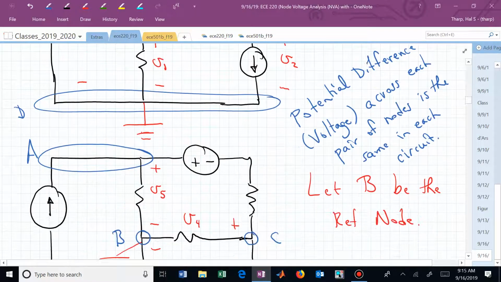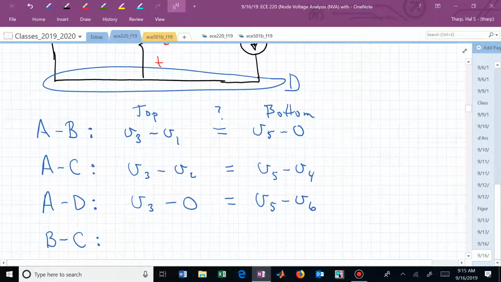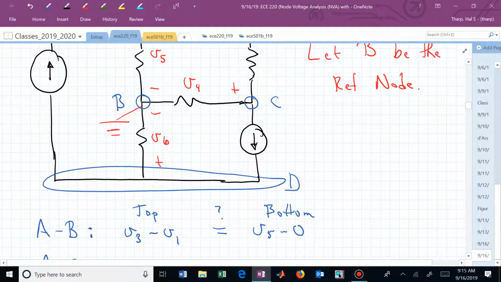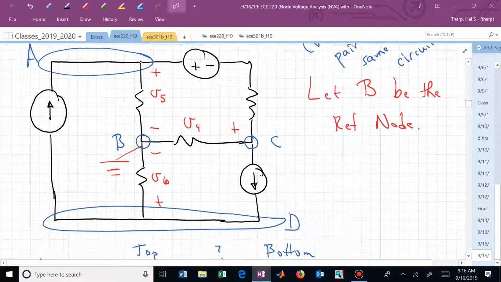Likewise, now let's just keep going. I'm having so much fun. I'm sure you are too. B to C. What is B to C in the top circuit? And you need to know this or be able to do this when you're writing all these KCL equations when we do node voltage analysis. This is V1 minus V2.